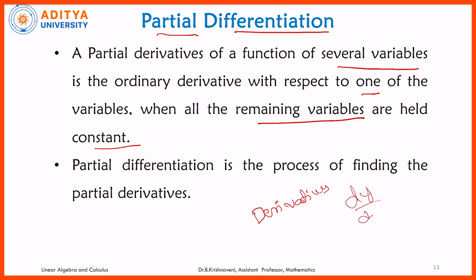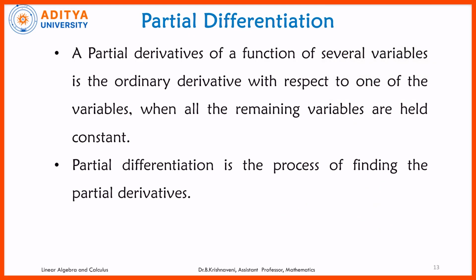If you represent that as dy by dx, we all know that y is dependent and x is independent. Here we are calculating the derivative of y with respect to x, so we are working with only one independent variable. But in a partial derivative we can work with two or more independent variables. We call it an ordinary derivative with respect to one variable while the remaining variables are constants. Hence, partial differentiation is the process of finding partial derivatives.